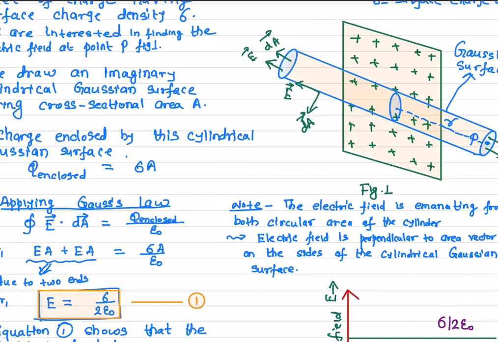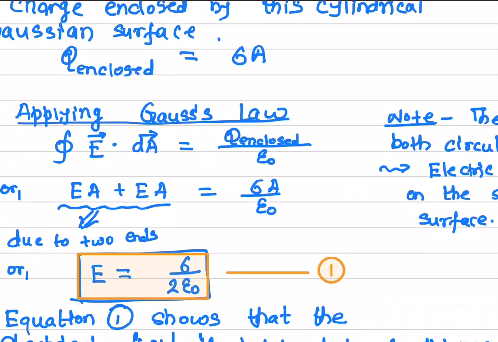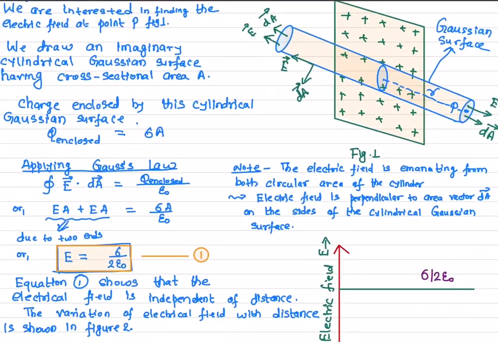The angle between them is 90 degrees, and cosine 90 degrees is 0. Also, this is E dot dA, a dot product, defined as E times dA times cosine theta.